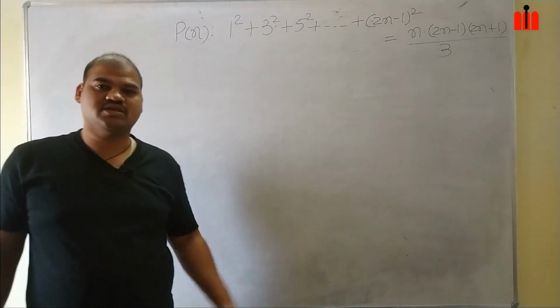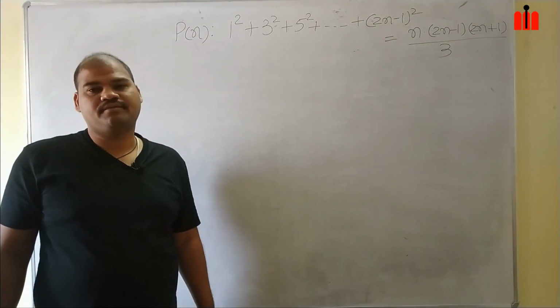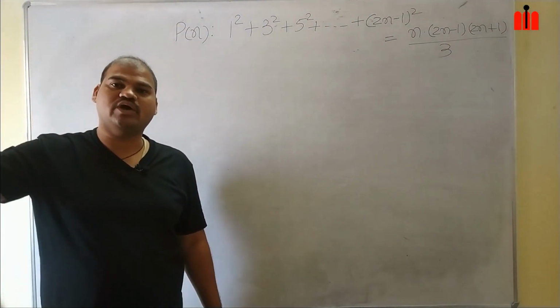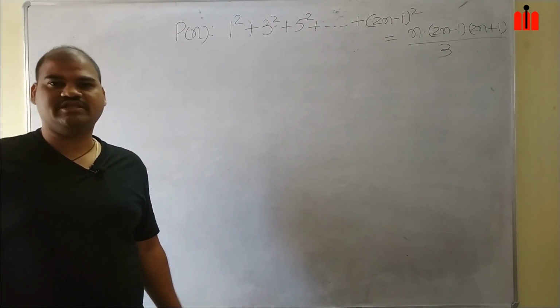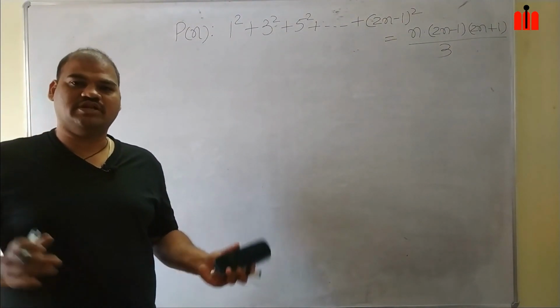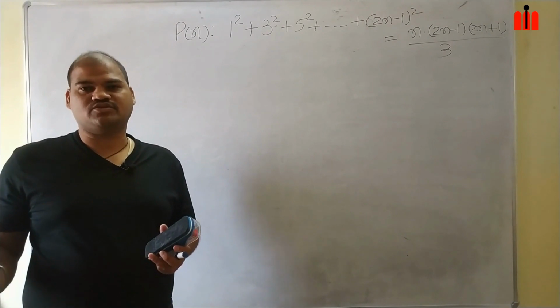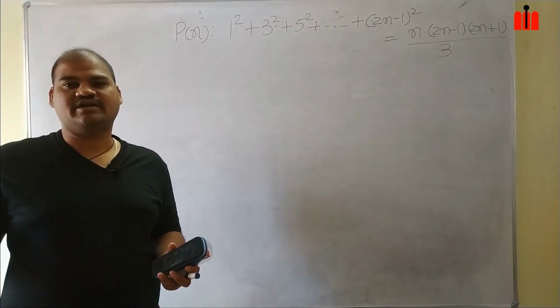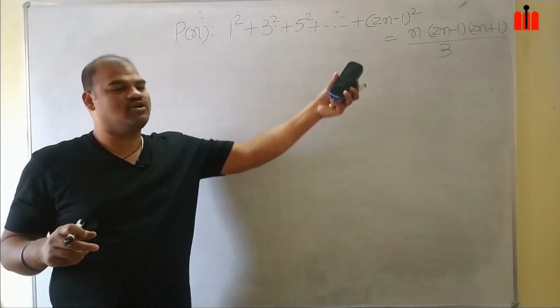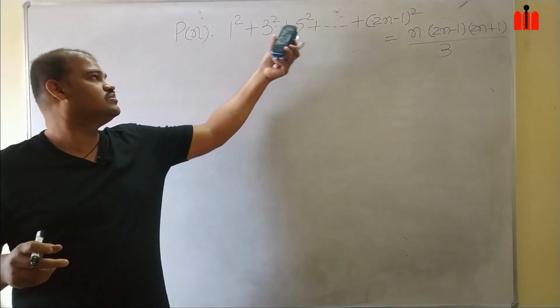So my problem is 1 square plus 3 square plus 5 square, up to 2n minus 1 whole square. This is my LHS. LHS is the sum of 1 square, 3 square, 5 square, 7 square, 9 square. In place of n, if you put the term number, then you will get those numbers.